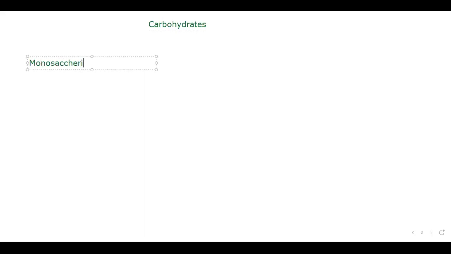Monosaccharides, you can think of them as your basic unit. The smallest possible unit we can have of carbohydrates is monosaccharides. Then we can have disaccharides. When two monosaccharides join together with each other, we will get a disaccharide.